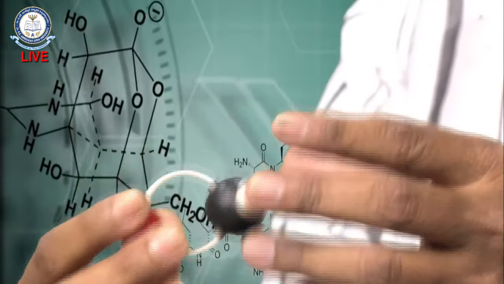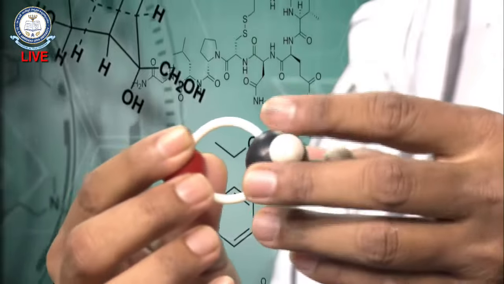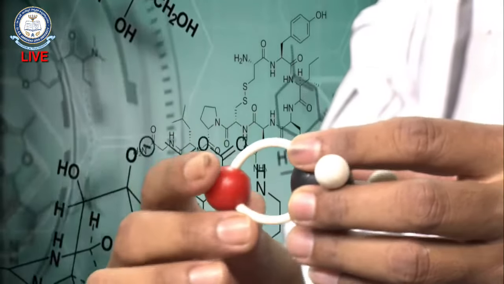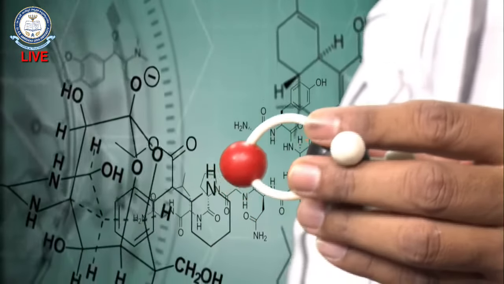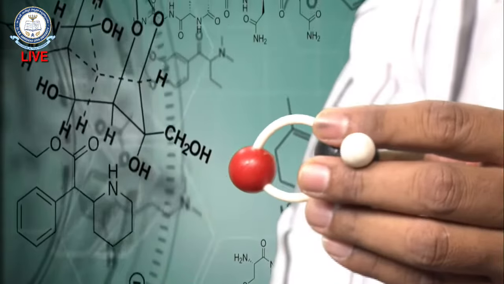For example, assume it is the acetone compound. In acetone, two methyl groups are attached to the central carbonyl carbon. Now, we react this carbonyl group with methyl magnesium halide, which we call a Grignard reagent.